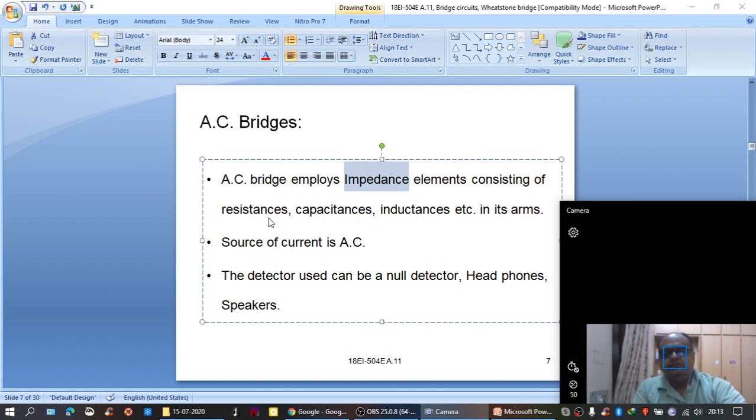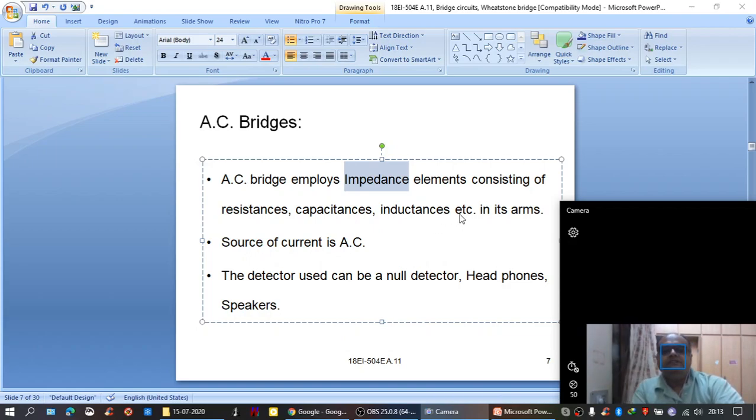But for zero frequency, the reactance of inductance and capacitance depends on the frequency of the current flowing through it. The inductive reactance is given as j omega L, where omega is 2 pi f, the angular frequency, and f is the frequency.